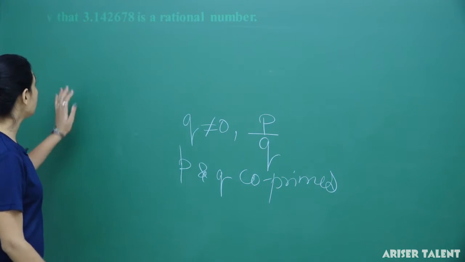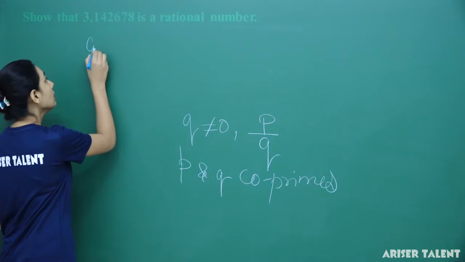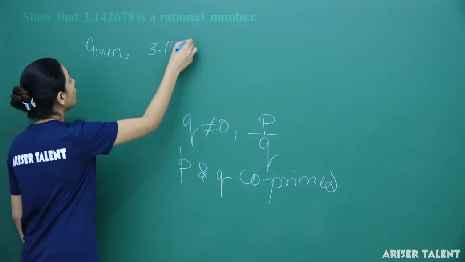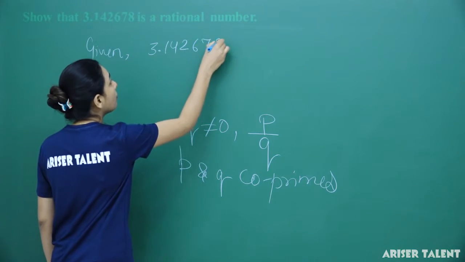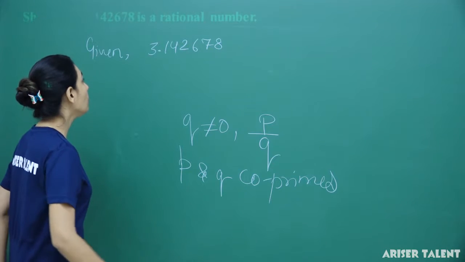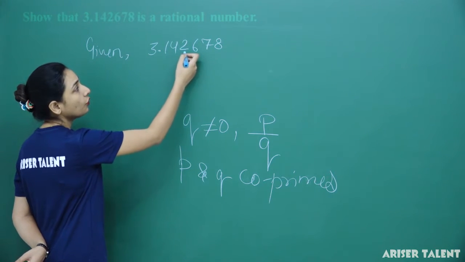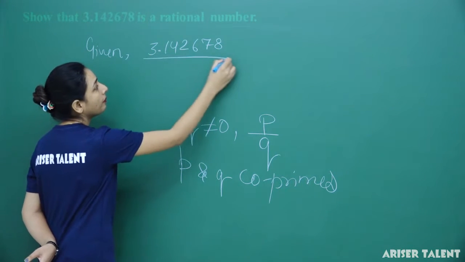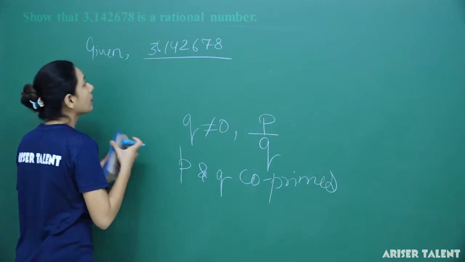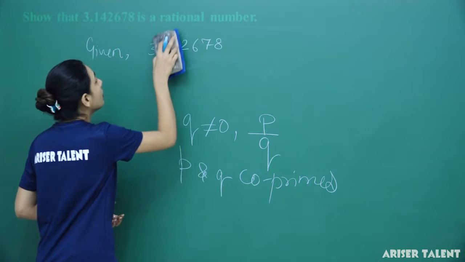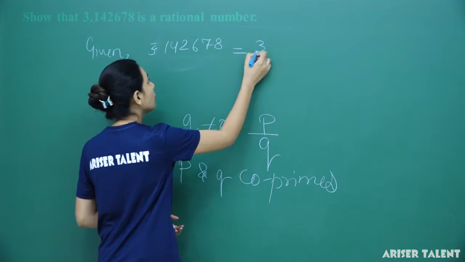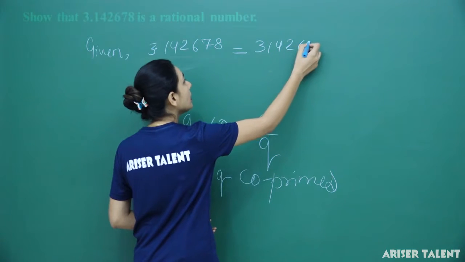Now if you look at this number, 3.142678, after 8 there is nothing, so it just terminated here. So how can I rewrite it? It can be written as 3142678.